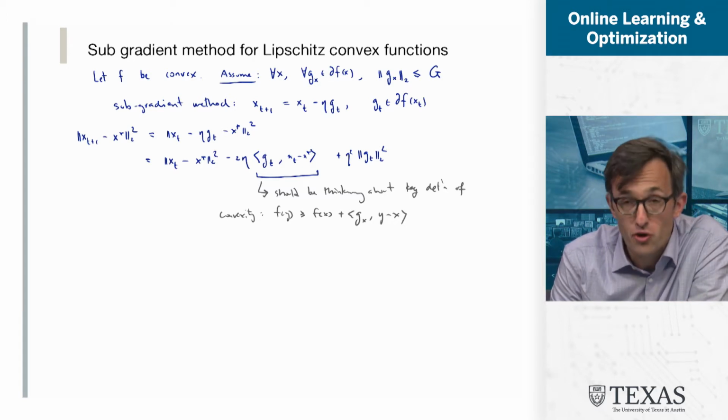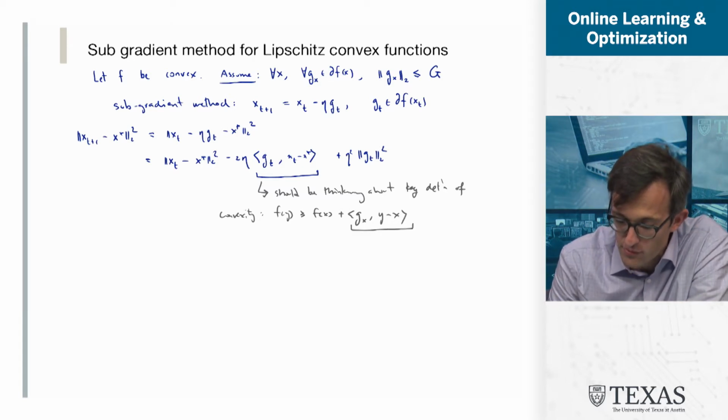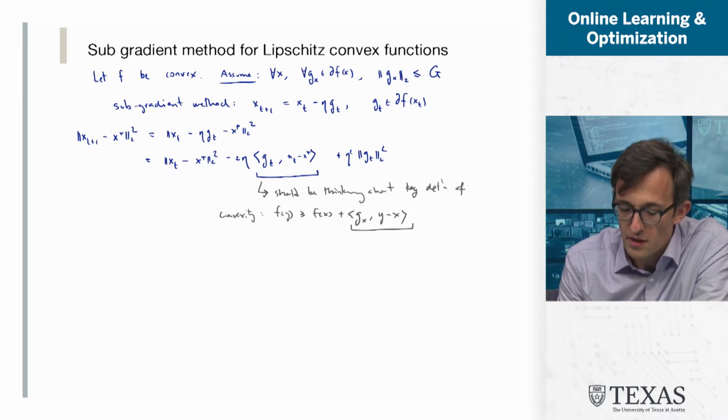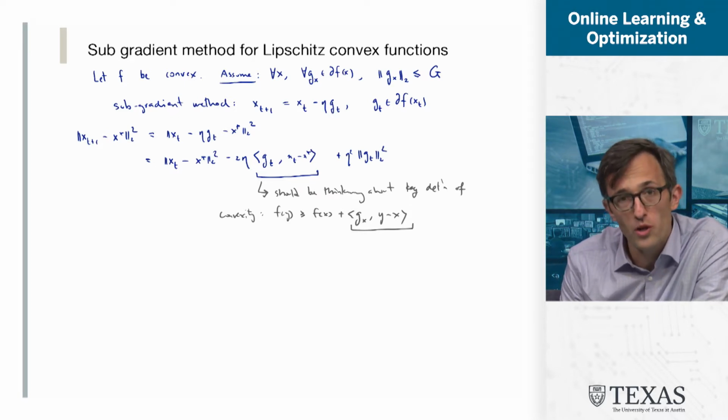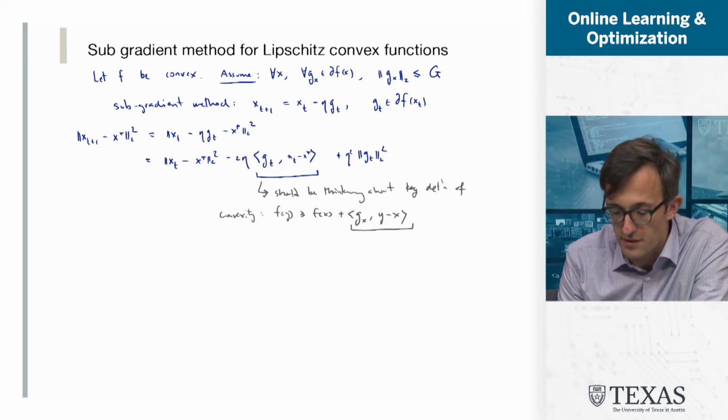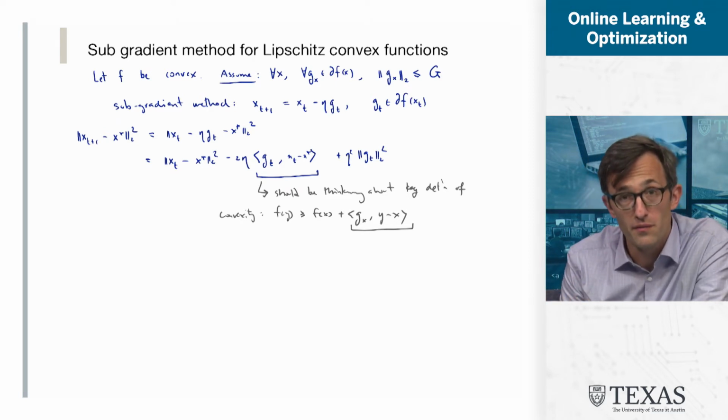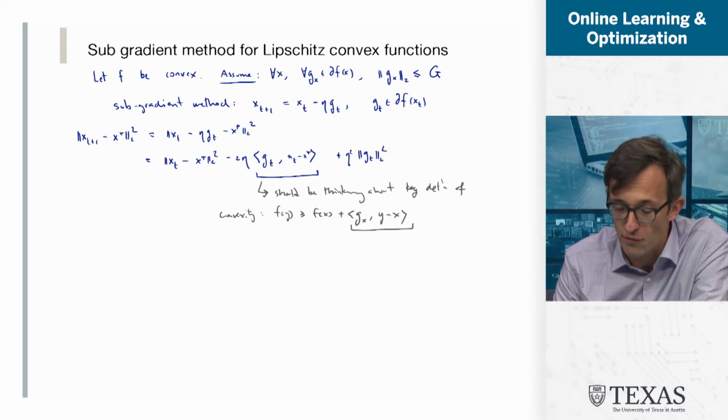And that's what this term looks like. So it's going to give me a lower bound or an upper bound, depending on which side I put it, on the difference between f of x and f of y.